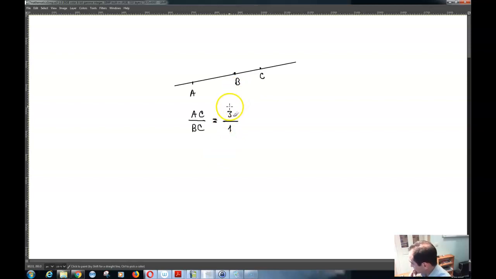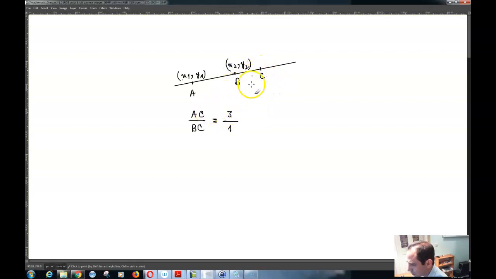And we wanted to find, assuming that the coordinates of this point are x1, y1, and the coordinates of this point are x2, y2, the coordinates of this point.